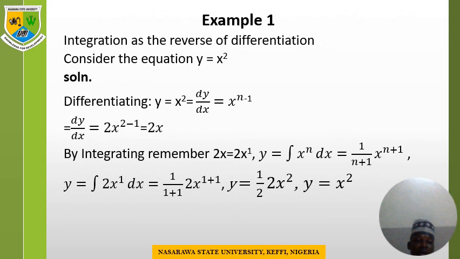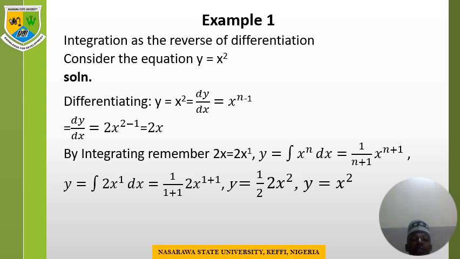Example 1. Integration as the reverse of differentiation. Consider the equation y is equal to x raised to power 2. For you to solve this problem, you have to differentiate it.